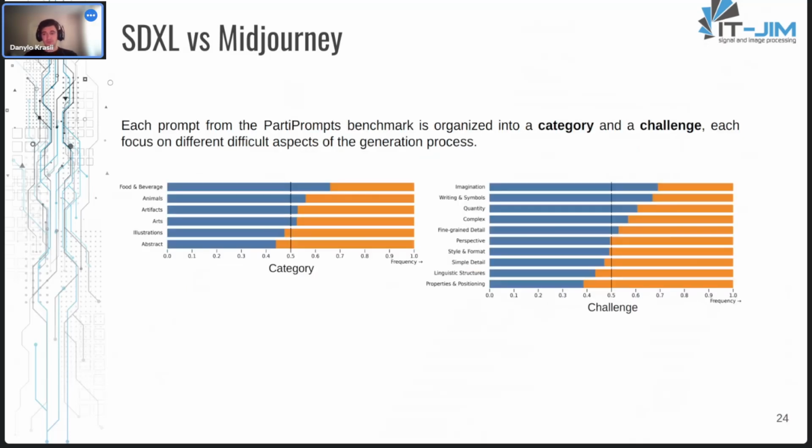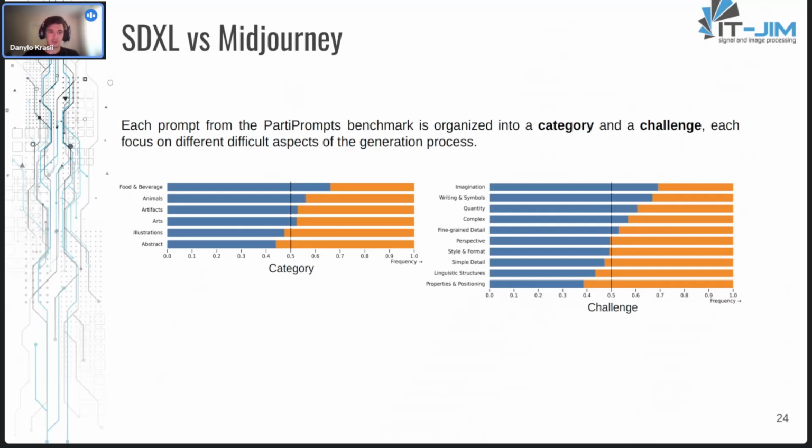Also, the authors did another study. Each prompt from the PartiPrompts benchmark is organized into a category and a challenge, and each focuses on different difficult aspects of the generation process. And we can see that in the category benchmark, users mostly prefer Stable Diffusion XL.